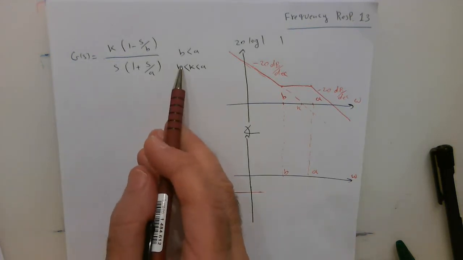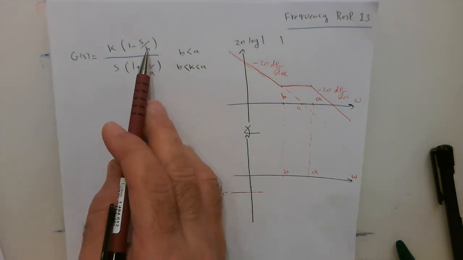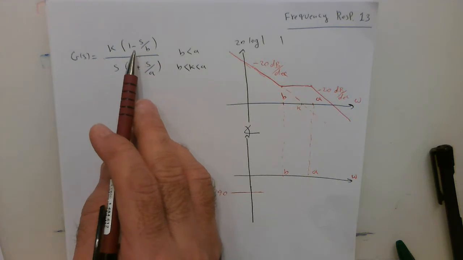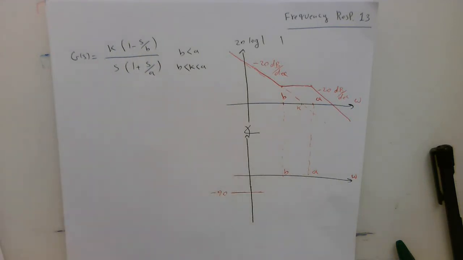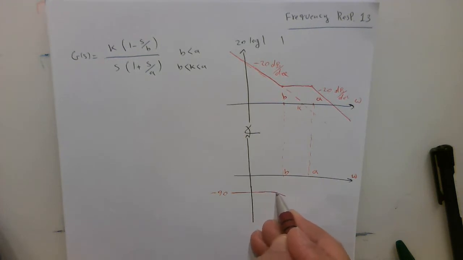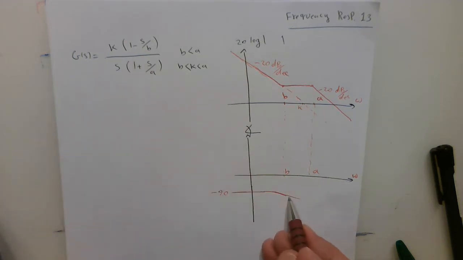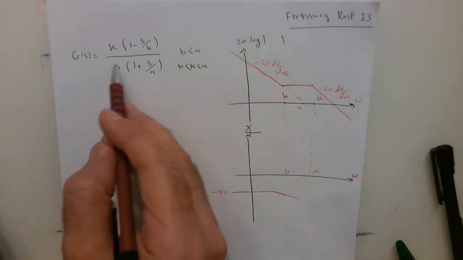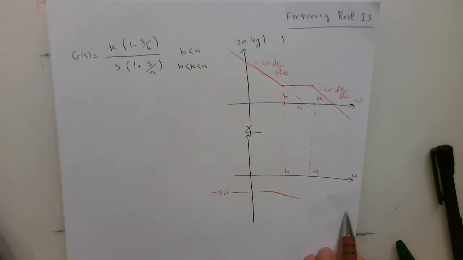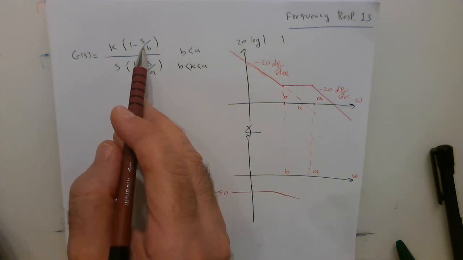But because now b is a non-minimum phase 0, a 0 in the right side, the behavior of the phase is the opposite. It will go down. If there wasn't this pole, the phase would go to minus 180: minus 90 due to the integrator, another minus 90 due to the 0 in the right side.